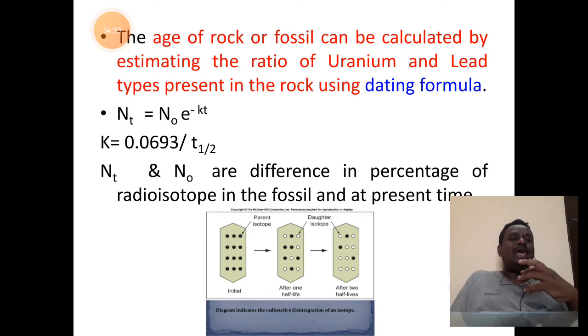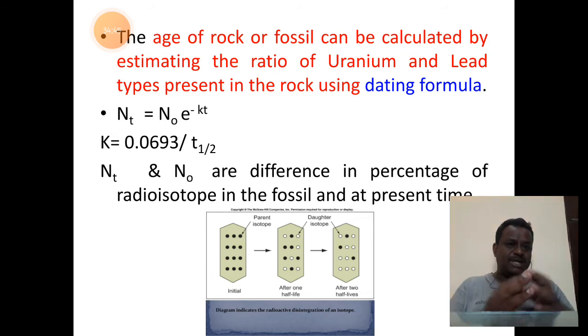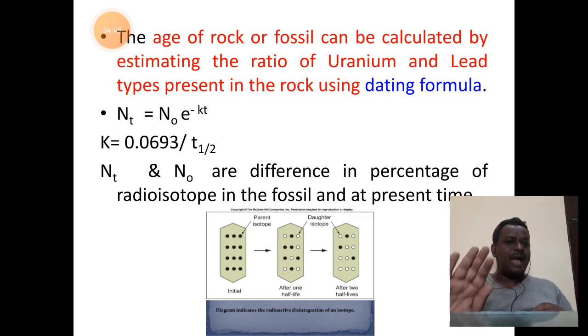So what's happening here? During this decay process of uranium to lead, the number of atoms remains constant. Suppose in the diagram, the black dots represent the actual uranium atoms in the initial stage.